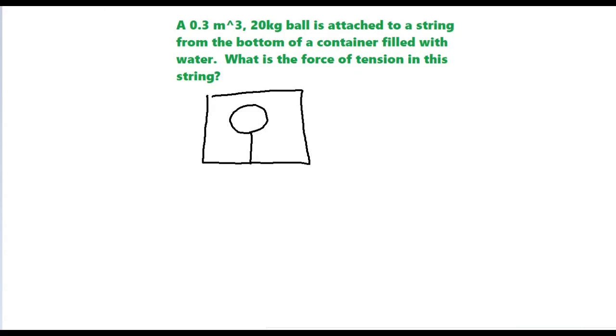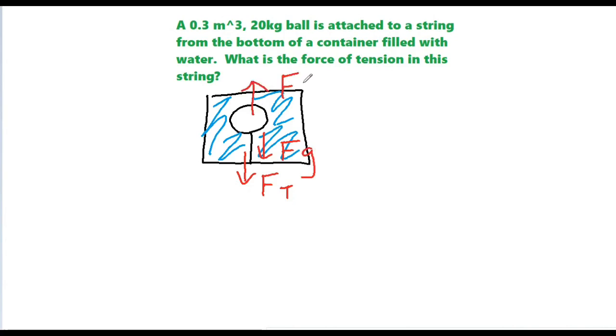So in this case, we have the ball that's submerged in water, and we have the force of tension pulling it downwards, and we also have the force of gravity pulling down as usual, and then counteracting both of those is the buoyant force, the weight of the water that's displaced by that sphere.